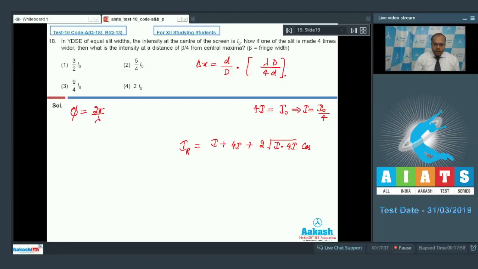On further solving, delta x comes out to be lambda by 4. If I substitute this, phi comes out to be pi by 2.